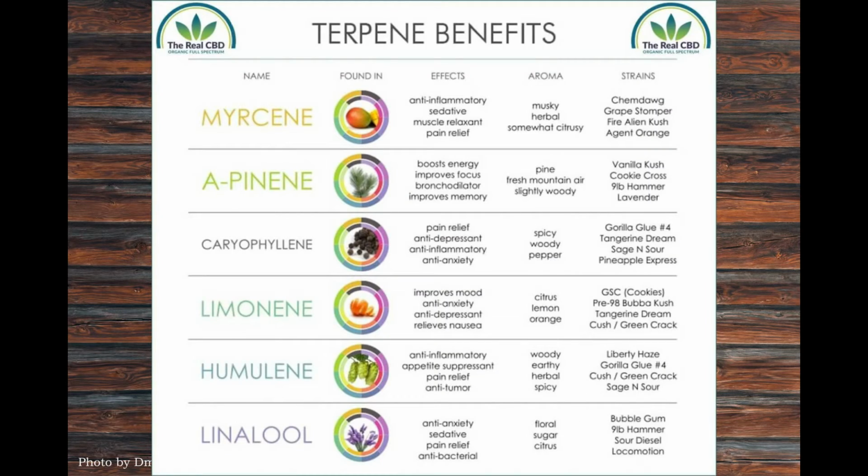Terpenes are the flavonoids and aromas that have been isolated in the cannabis plant. And I'll bring that up here. These are the terpenes that have actually been isolated in cannabis.